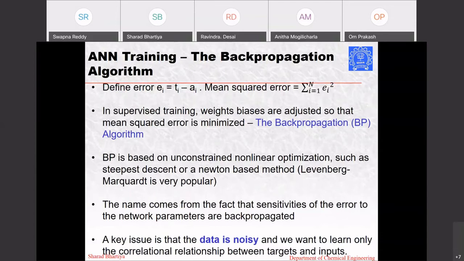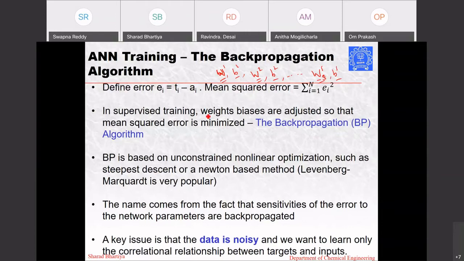So now that we have seen what an ANN looks like and how the input data should be given to the ANN, let's see how these ANNs are obtained. Obtaining an ANN essentially means finding all those weights and biases. So if I have weights and biases in each layer as W1, B1, then W2, B2, and so on, and let's say the last layer is S, so I have WS and BS.